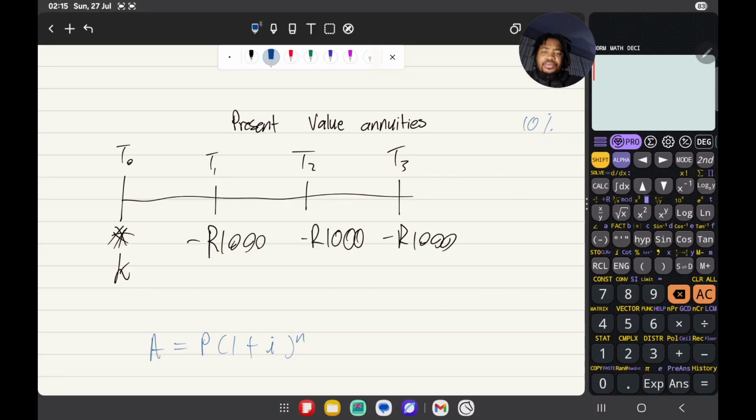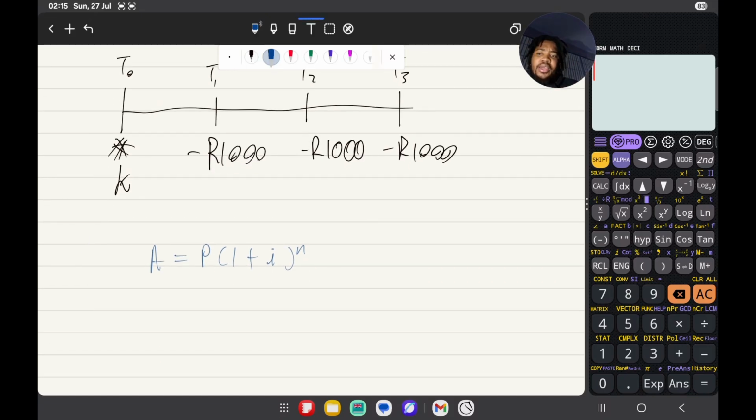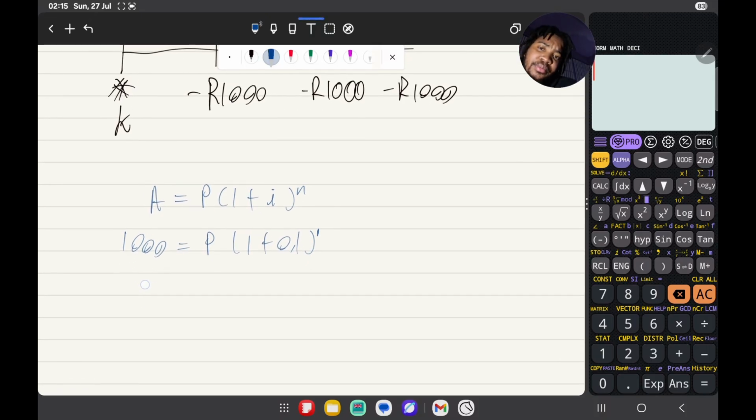Now look at what I'm saying: I want to withdraw 1,000 rand, so I want to have 1,000 rand at the end of the duration, and I have P, with 0.1, and this is just for a year, right?